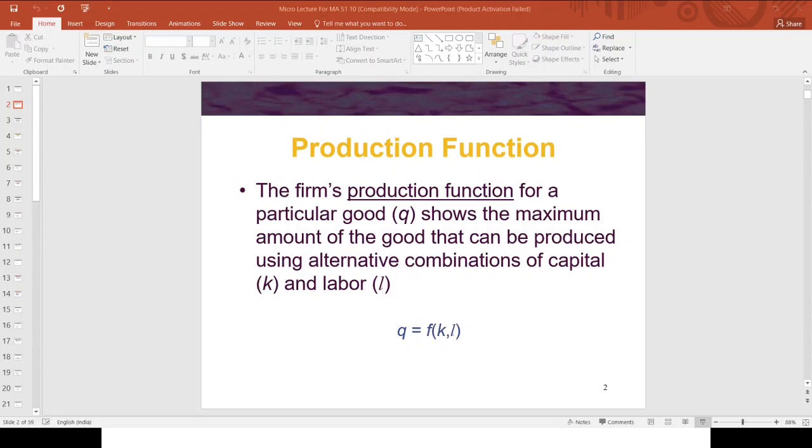In this case there are only two inputs, so then plus (∂f/∂L)/f(K, L) times dL/dt.